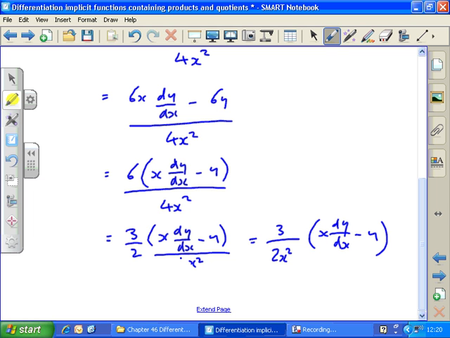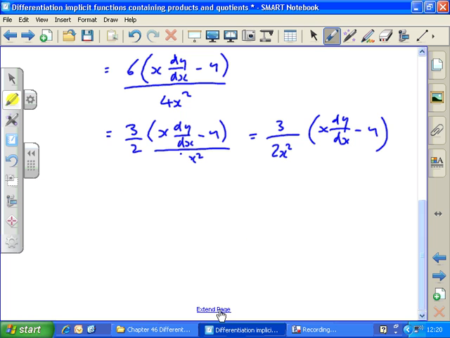That could be written either way, remembering that a over b is equivalent to a times 1 over b, which is effectively what's been used here.